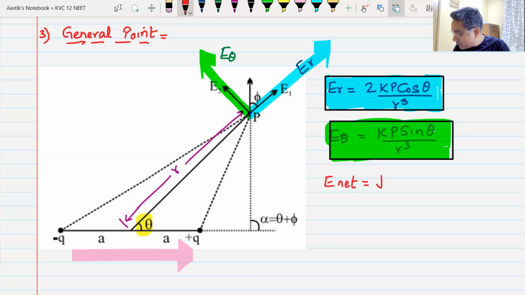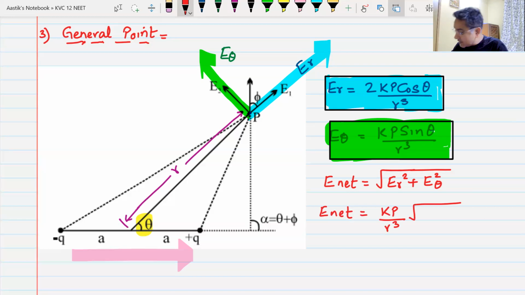If you add them, you will get the net value. The net value will be under root of ER square plus E theta square. If I put the values, Kp by R cube will come out, and inside the root you will have 1 plus 3 cos square theta.